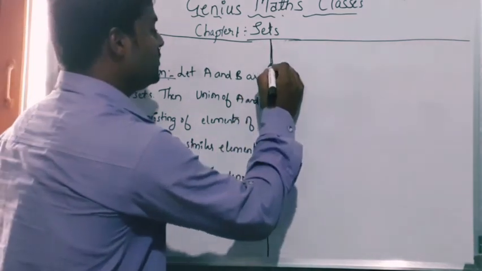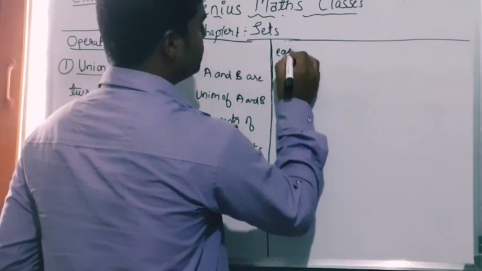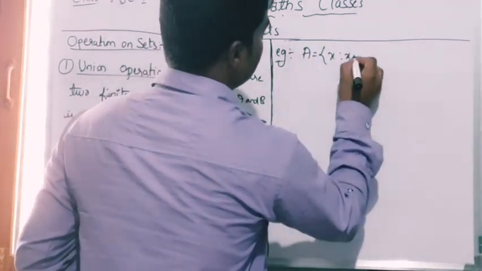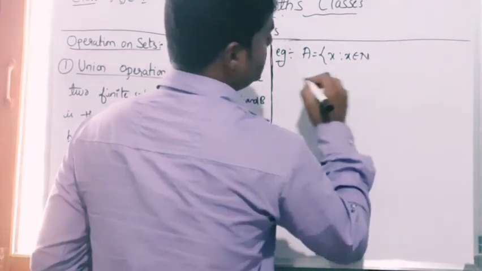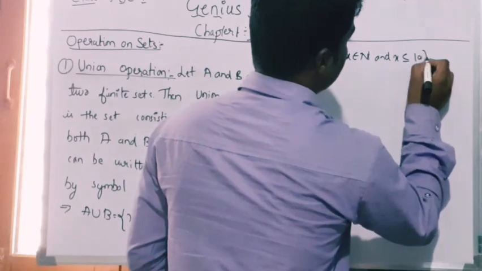Now, just consider an example. Let A equal x such that x belongs to natural numbers and x is less than or equal to 10.